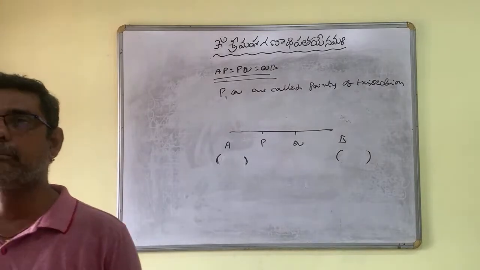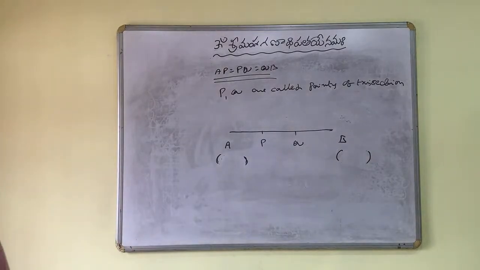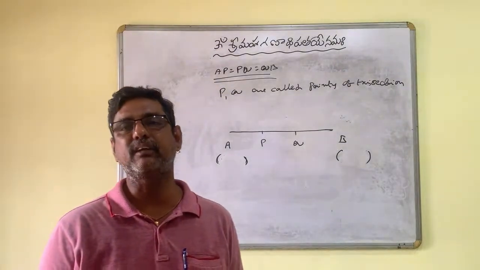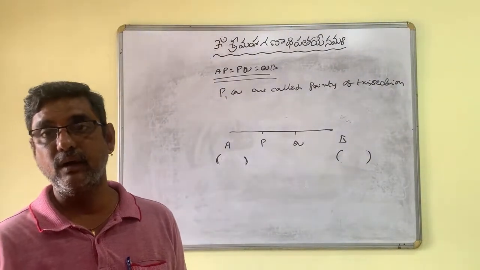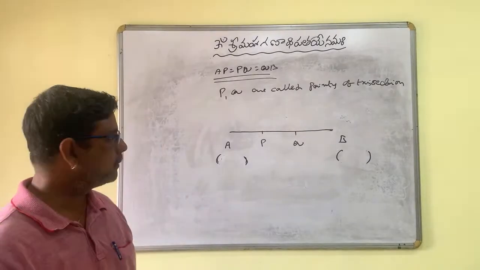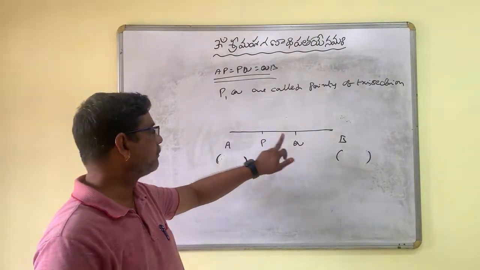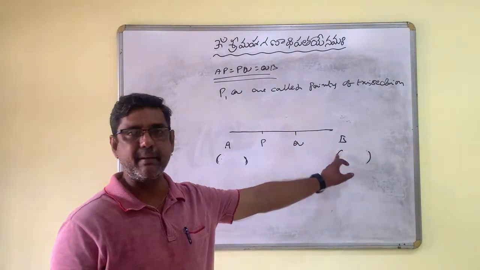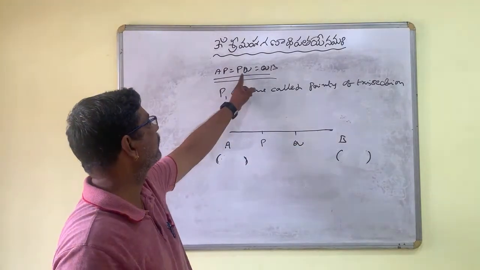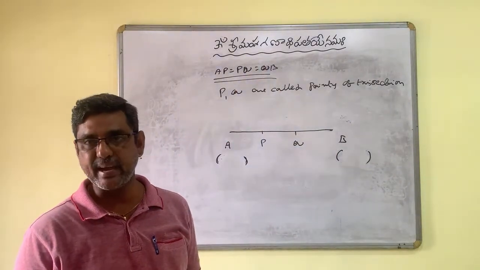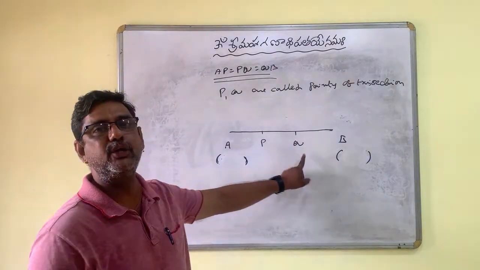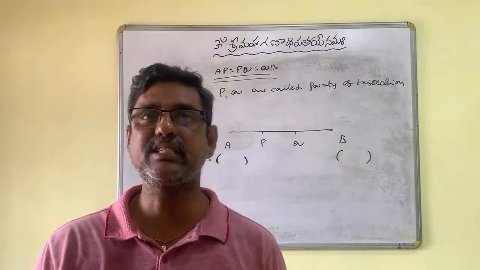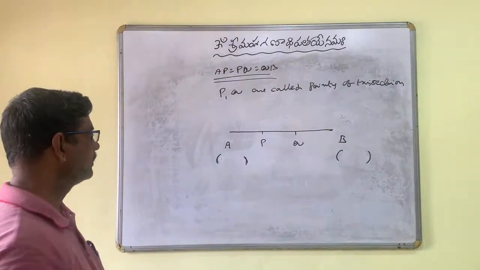Once again, point P and point Q divide line segment AB into 3 equal parts. That's why P and Q are called points of trisection.